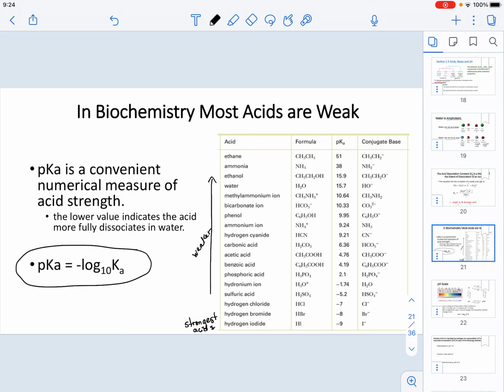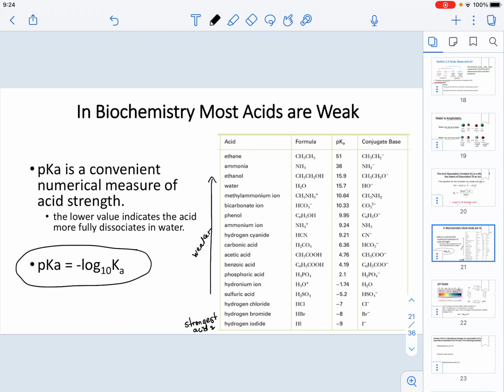Now, this terminology of pKa is very useful because when we are dealing with molecules, we want to see how willing a particular proton is to leave a system.